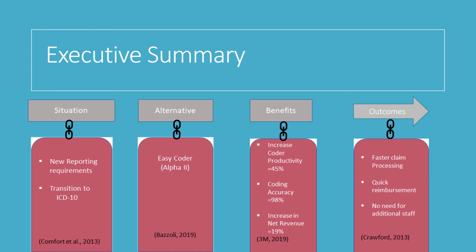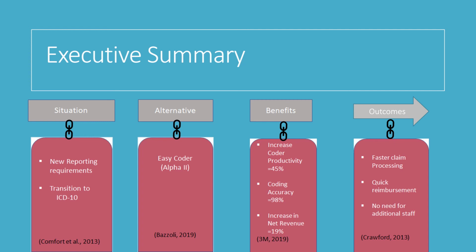You're probably wondering, why did our team come up with a computer-assisted coding software? Well, let me give you a few details showing how it can benefit the healthcare facility. According to the American Health Information Management Association journal, one reason is medical coding has become more complex by having an increased coding standard due to new reporting requirements.